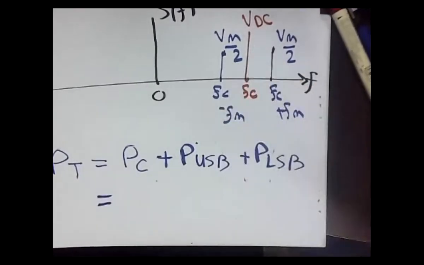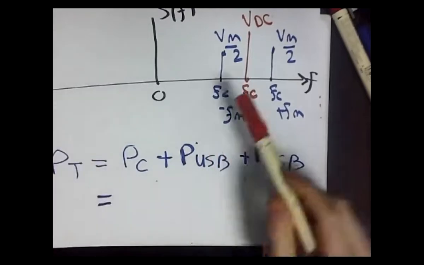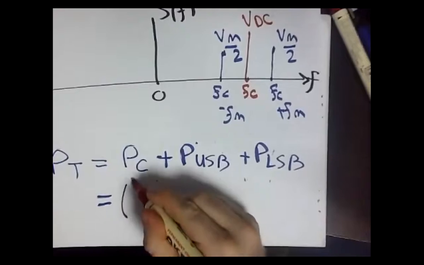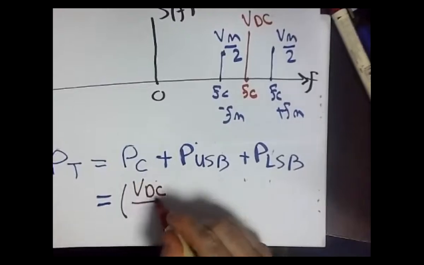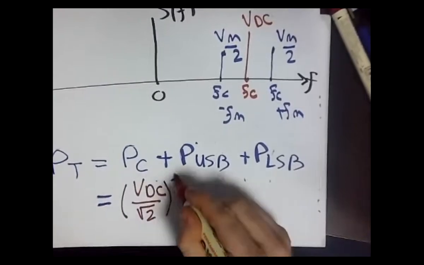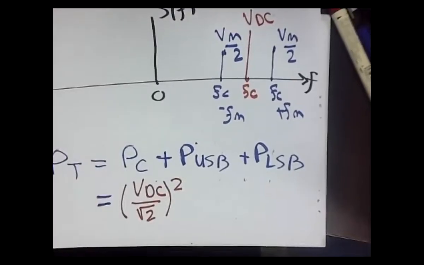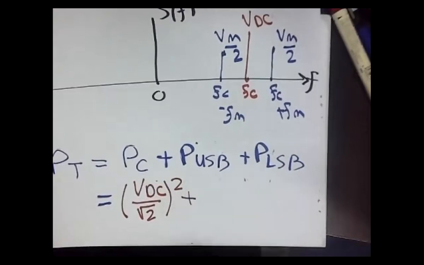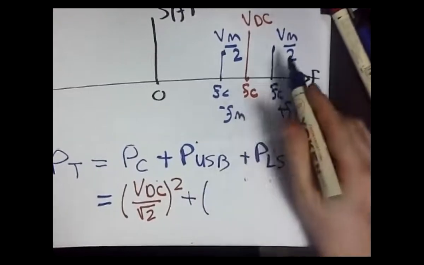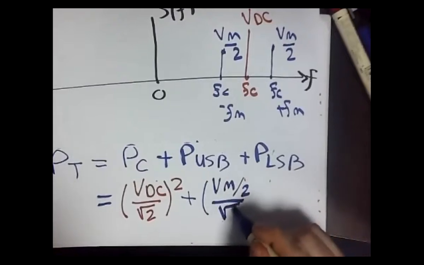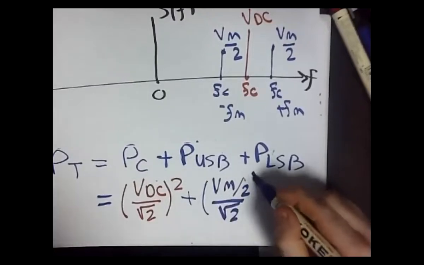For the first portion, which is the VDC, we apply the rule that this is VDC over root 2. So we have VDC over root 2 whole square plus, here the magnitude is Vm over 2 over root 2 to make it a maximum value square.